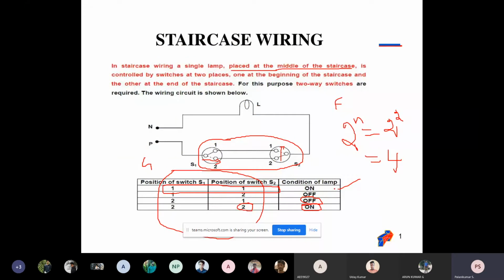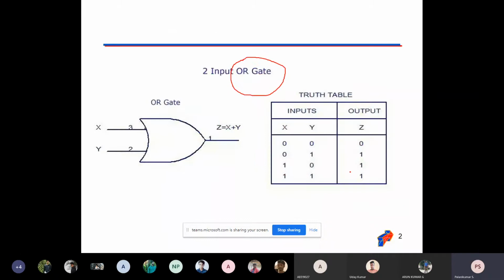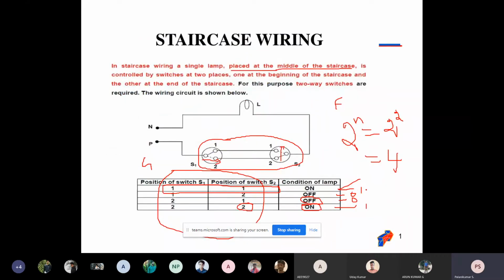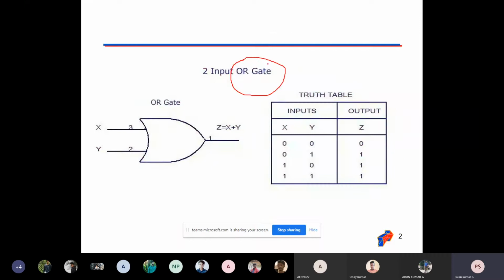So suppose this is on, this is on, this is also 1, then this is off and this is off, 0 0. So I cannot use the OR gate simply for the logic of staircase wiring, because 2 times the output should be high and 2 times the output should be low. There are also 2 inputs, so I cannot use OR gate logic.